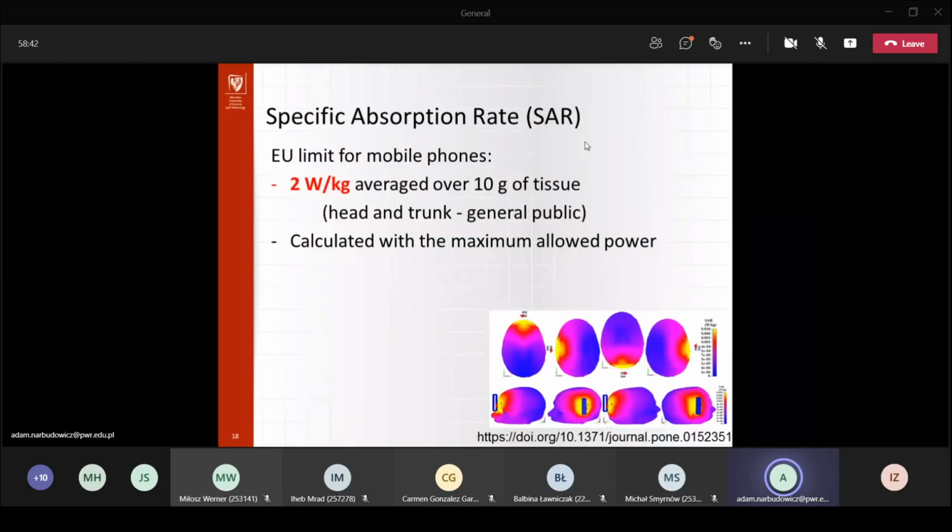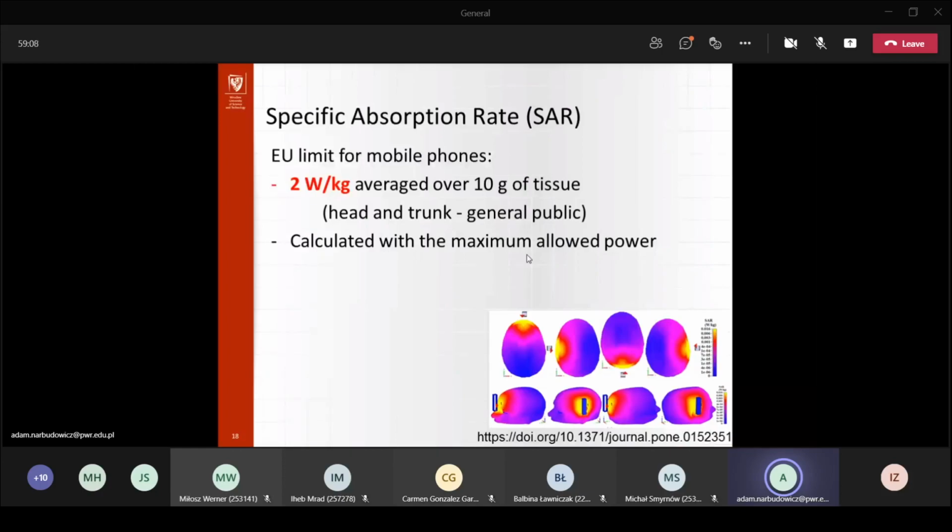So what I'm actually trying to say here is that your mobile phone very rarely operates with the maximum allowed power. That will be the case if you have macro cells and you're very far away from the base station, because of the distance, I mean, we all did the link budget calculation, right?